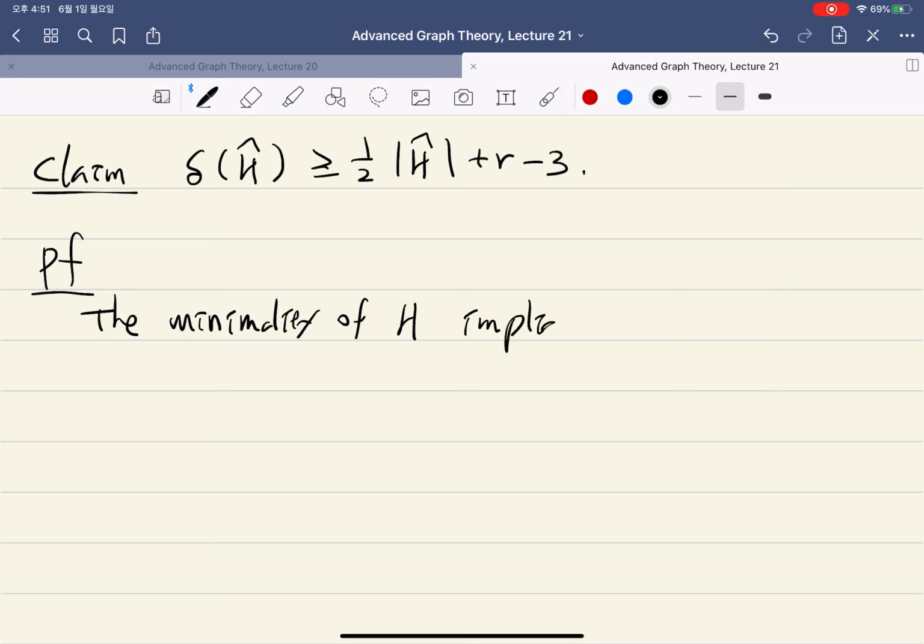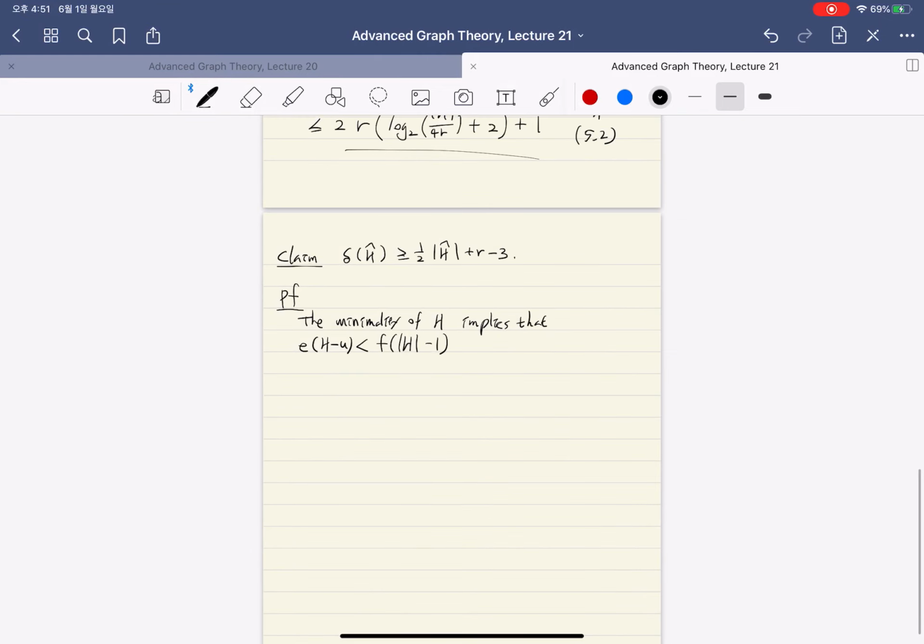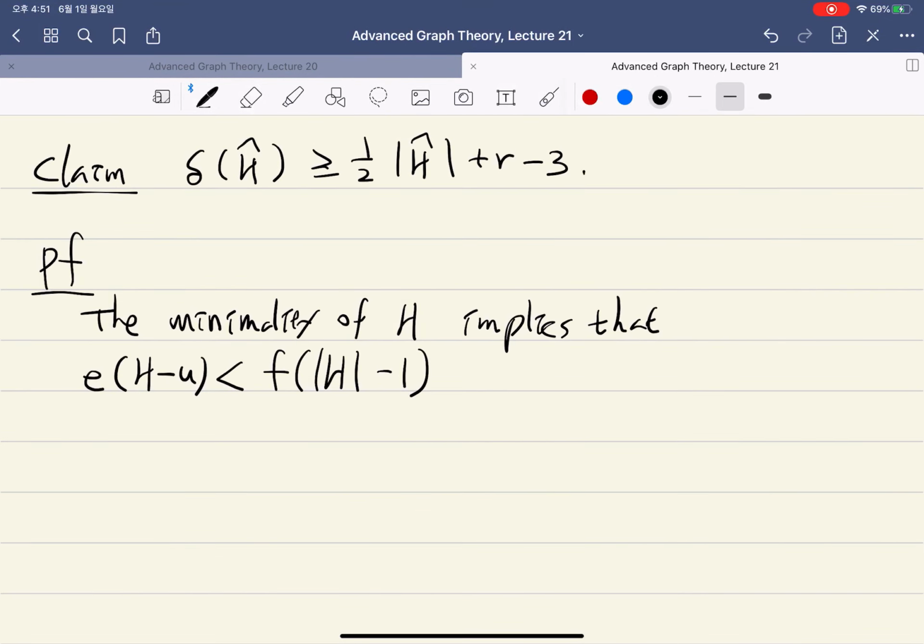So it implies that if you delete one vertex from H, then suddenly the remaining number of edges is smaller than f of the order of H minus 1.